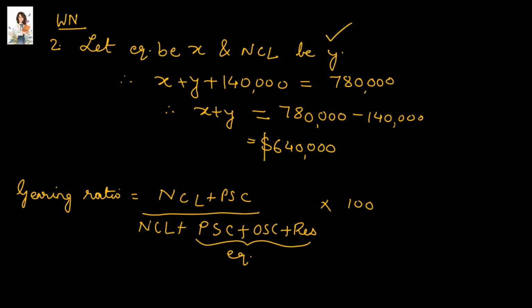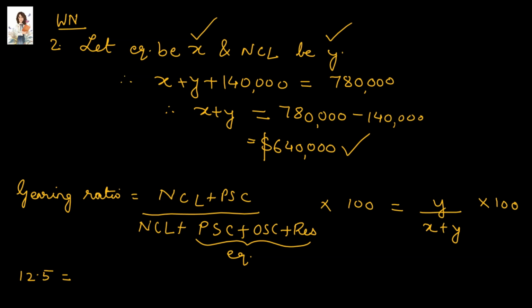We have assumed that non-current liabilities is Y and equity is X. So putting these values in the gearing ratio formula, we get gearing ratio is equal to Y upon X plus Y into 100. As per the question, gearing ratio is 12.5%. And we have already seen that X plus Y is equal to $640,000.